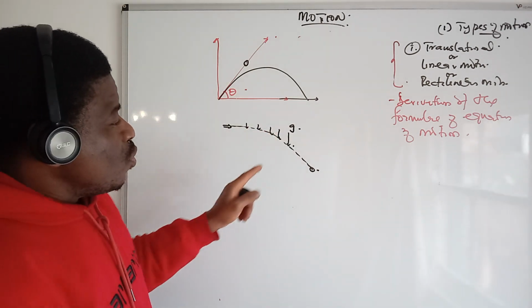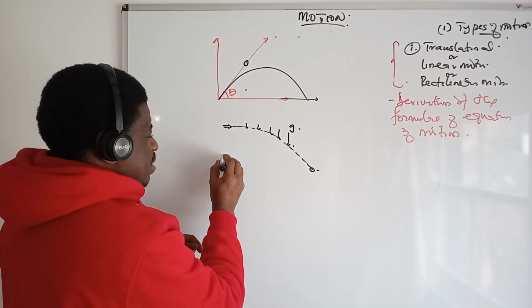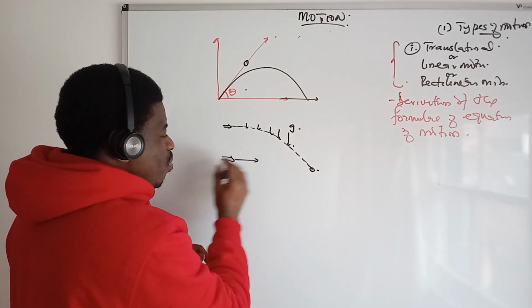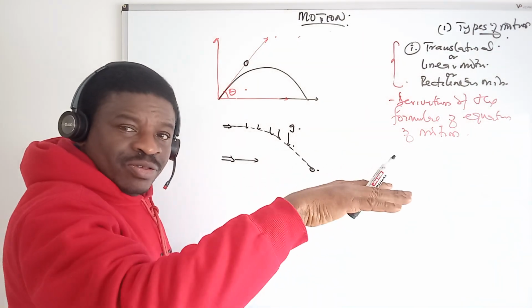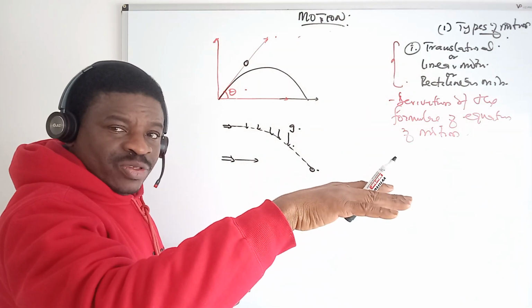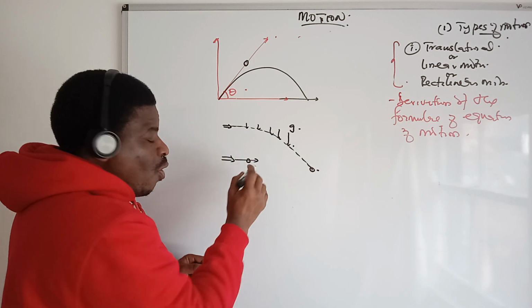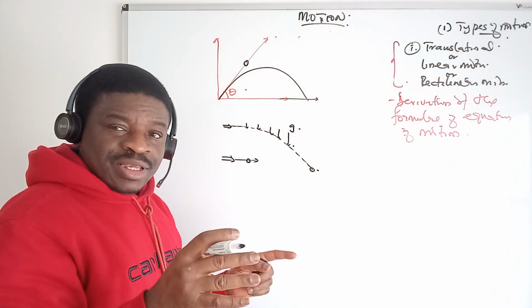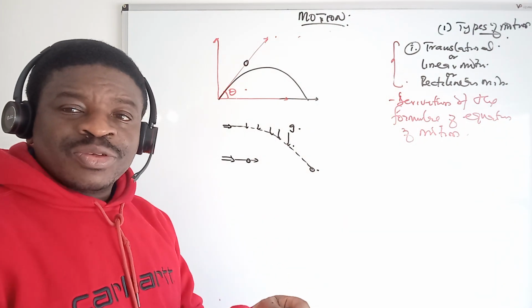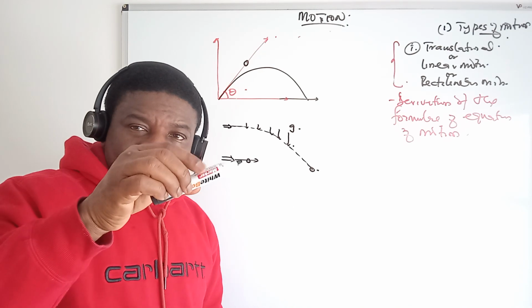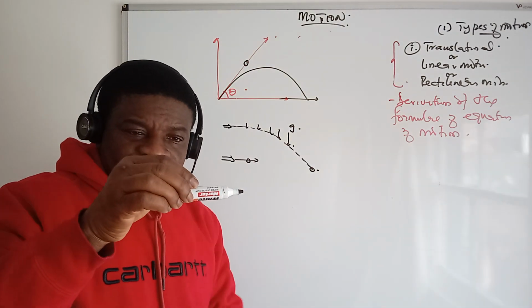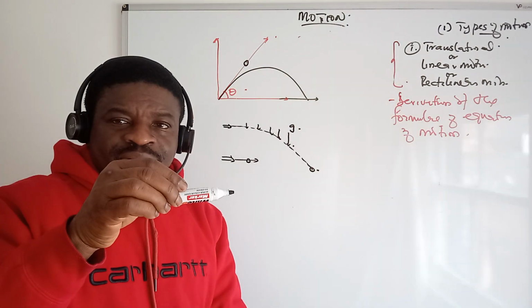Now, look at it, a plane is moving horizontally, and the plane is in motion. There are two things, because by the time we come to questions, there was a question that a plane is stationary and it dropped a missile.